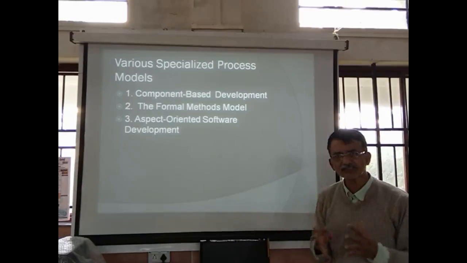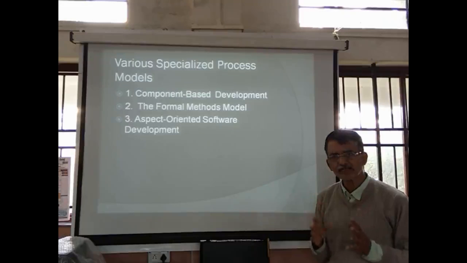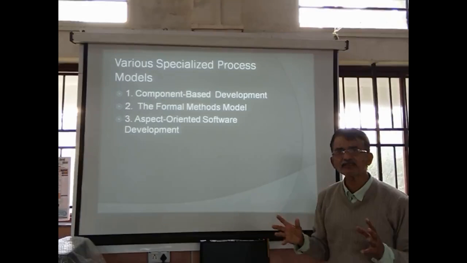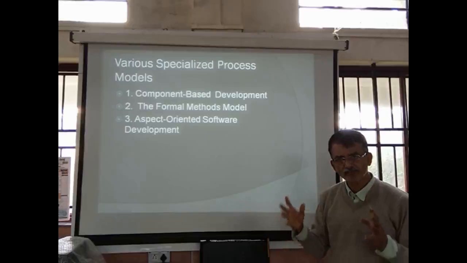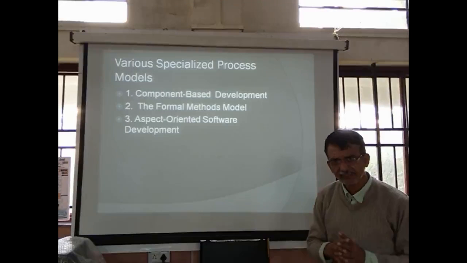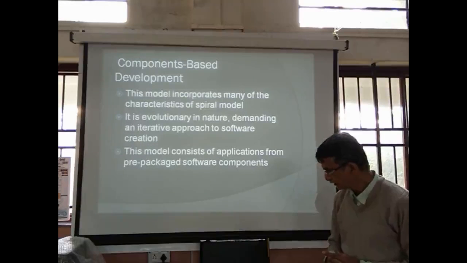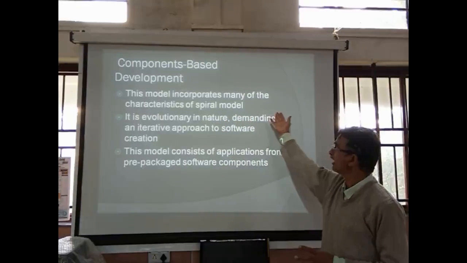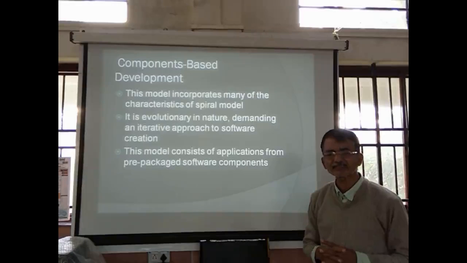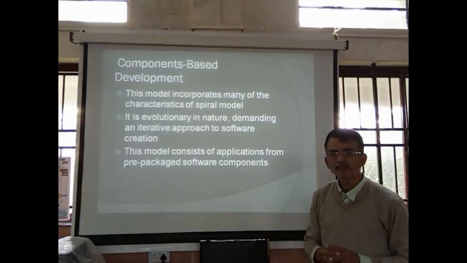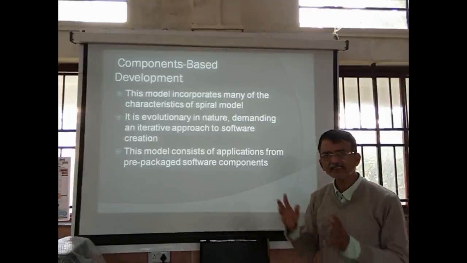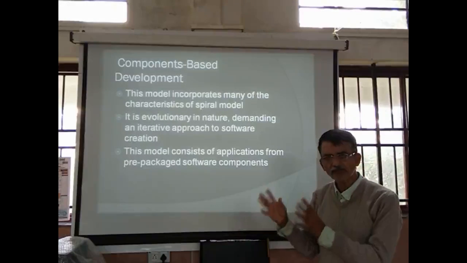The name itself suggests that here in this type of development the different components having different functionality are integrated together. Now this model incorporates many of the characteristics of the spiral model. Yesterday we have seen the spiral model. There are a number of cyclic paths, and each path has 5 activities.